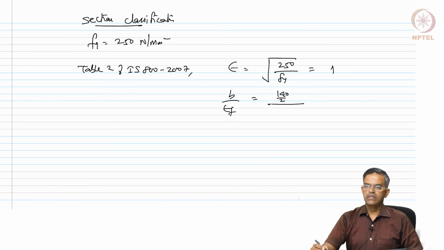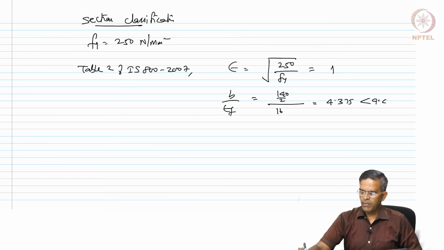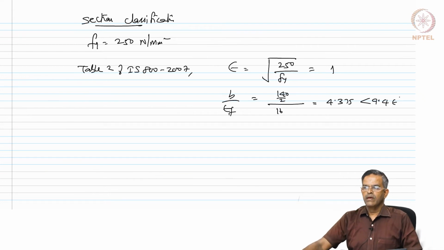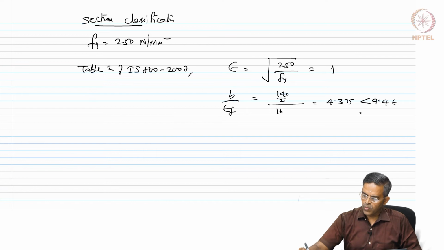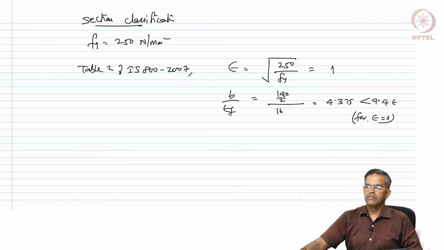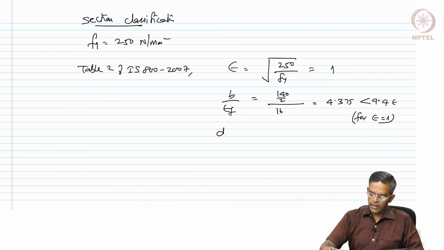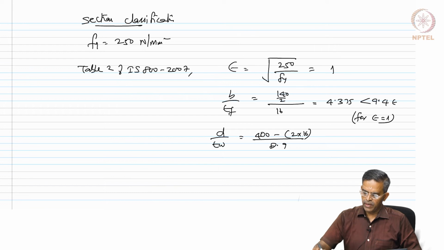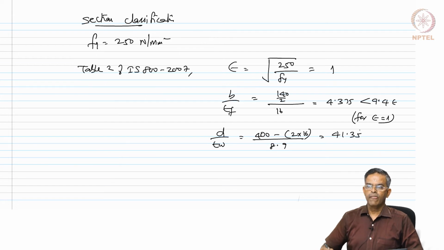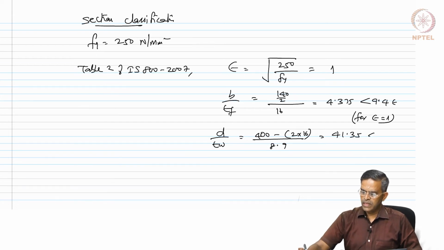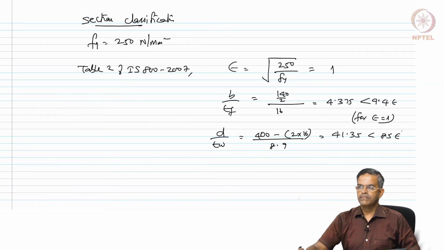So, 140 by 2 divided by 16 which is 4.375 less than 9.4 epsilon for epsilon equal to 1, and d by Tw, which is 400 minus 2 into 16 divided by 8.9, which is 41.35, which is less than 85 epsilon.